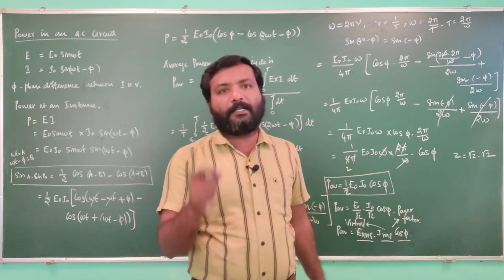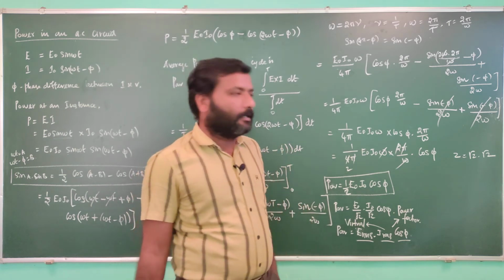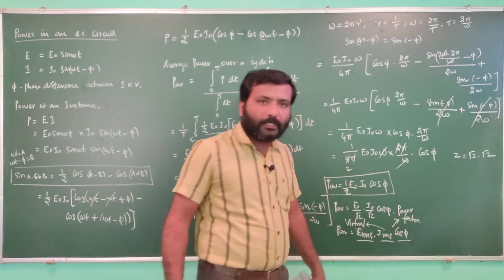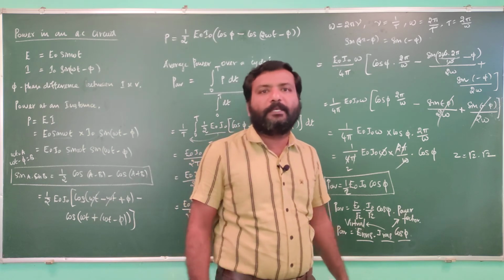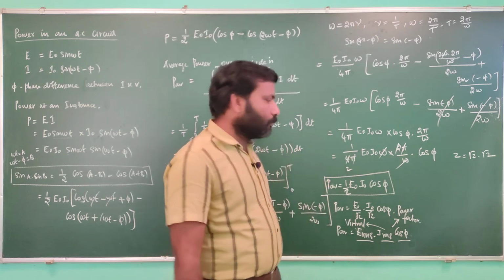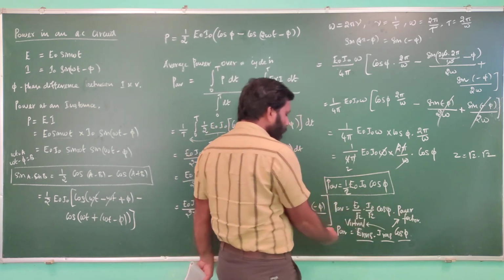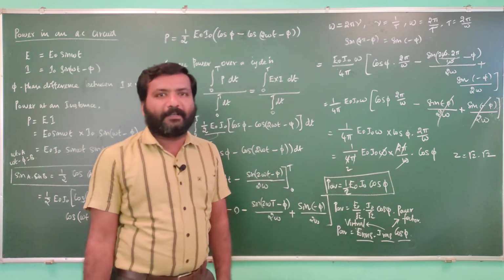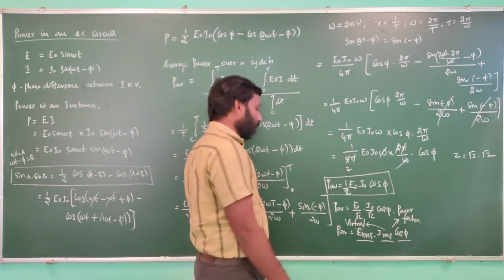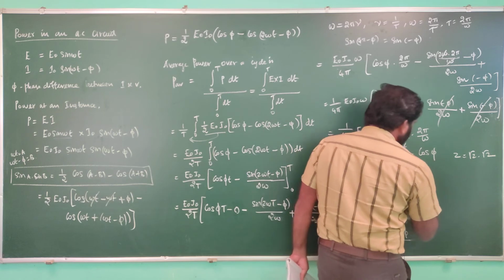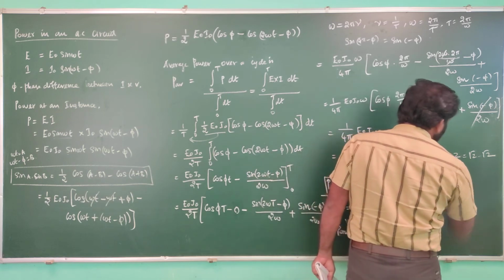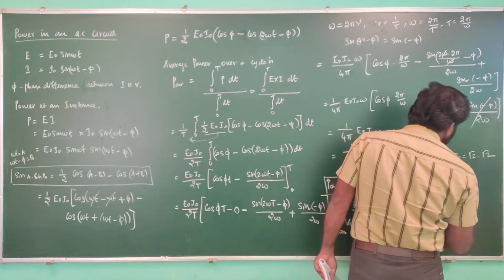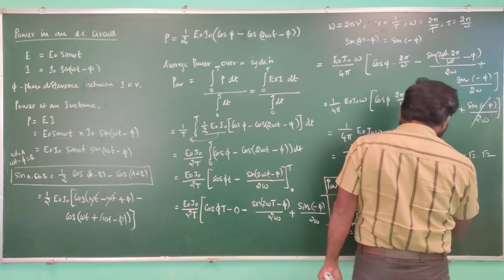And the product of virtual current and virtual voltage is said to be apparent power. So power factor is average power divided by apparent power. So you can say cos pi is average power divided by apparent power.